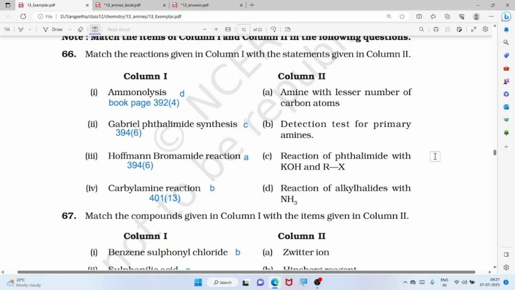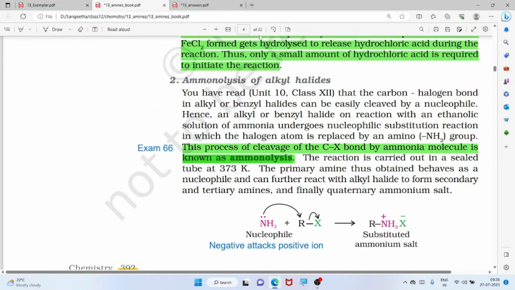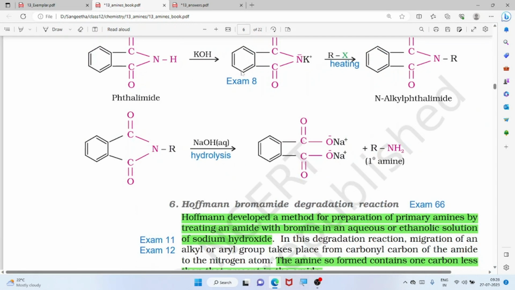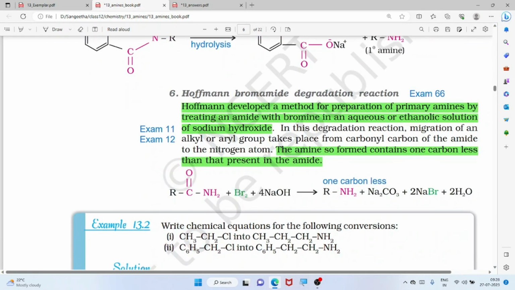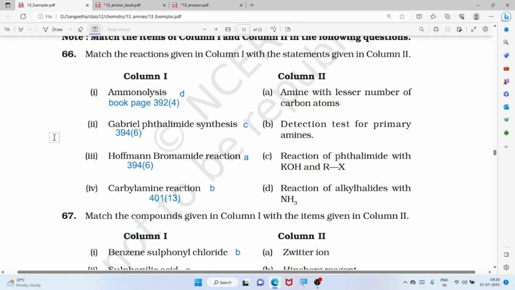This is the reaction of the phthalimide. This is the primary amine preparation. Hoffmann bromamide reaction. This is A, amine with the lesser number of carbon atoms. 6. Degradation means the lesser number of carbon atoms. Carbylamine test is only for the primary amines.